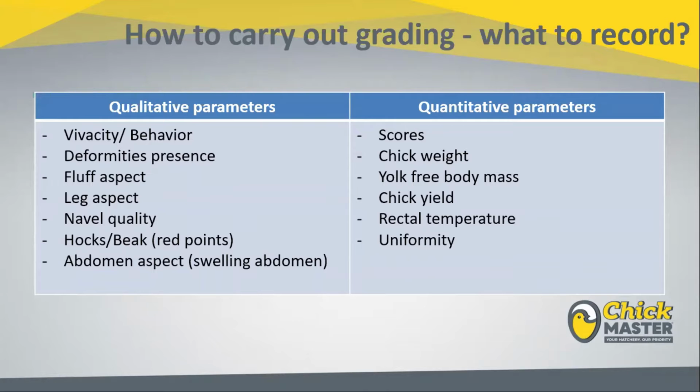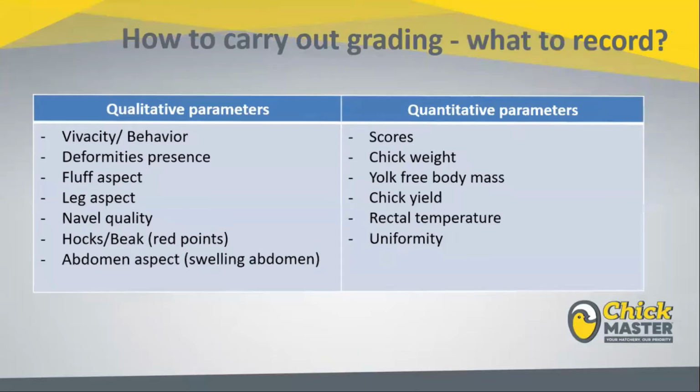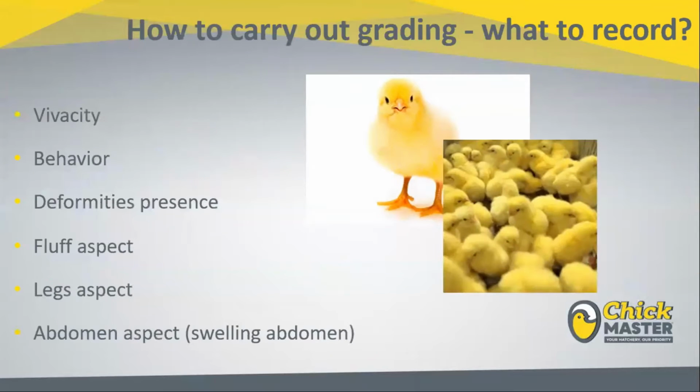It's based on personal appreciation that can differ from person to person. For the quantitative parameters, we can set scores, chick weight, yolk-free body mass, chick yield, the rectal temperature, and the percentage of uniformity. We will detail these parameters one by one.